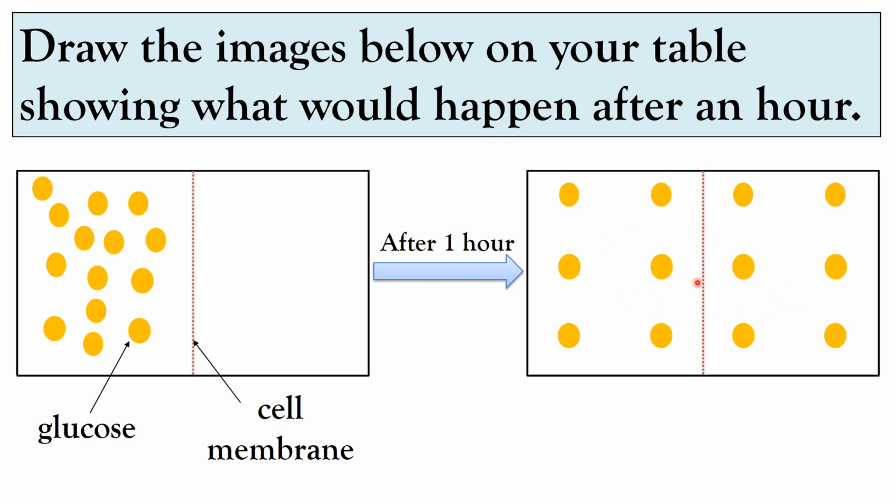Have I miscounted? That looks like 12. 1, 2, 3, 4, 5, 6, 7, 8, 9, 10, 11. Yeah, that's a bit of a mistake. So you should have 14 kind of evenly spread out on each side of the cell membrane. Okay, so diffusion, passive transport, has occurred.